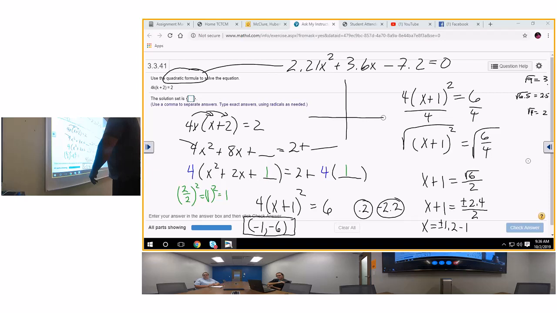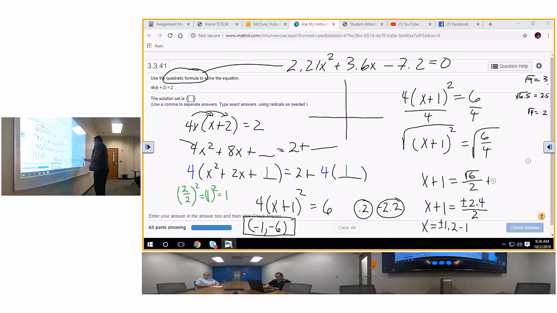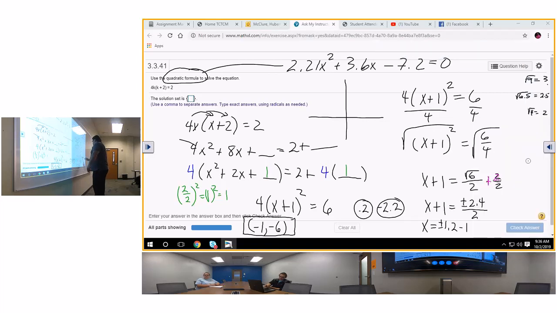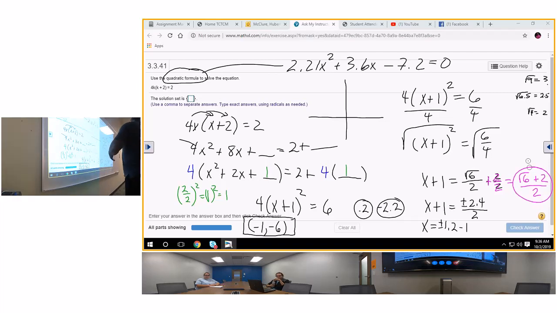And let's see, well, they want the radical, then it's going to be the square root of 6 plus 2 over 2. Let me do this in another color. They want radicals, so I'm going to add 2 over 2, and that's going to equal the square root of 6 plus 2 over 2, and that would be your answer, but you'd have to say positive or negative.